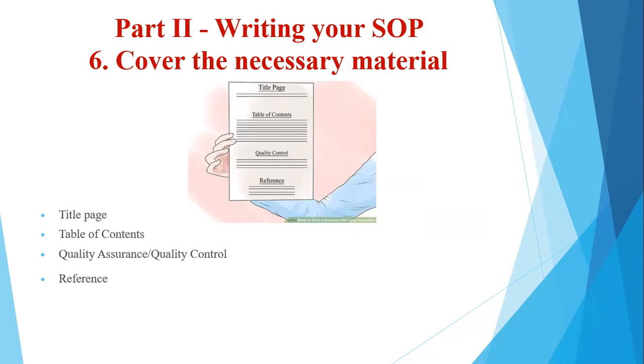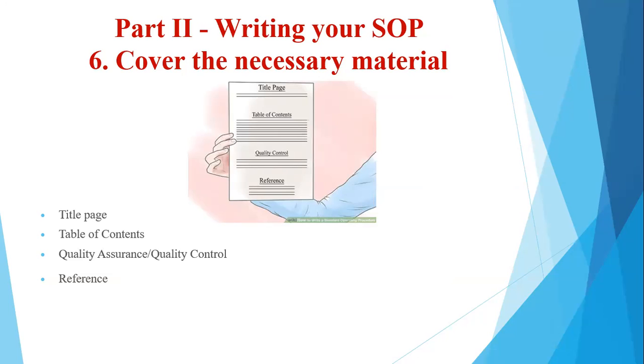Then quality assurance and quality control. A procedure will not essentially be called a good procedure if it cannot be checked out, if it cannot be verified, in short. So have the necessary materials and the details provided within the SOP so that the reader can make sure that they have obtained the desired results by following your SOP.